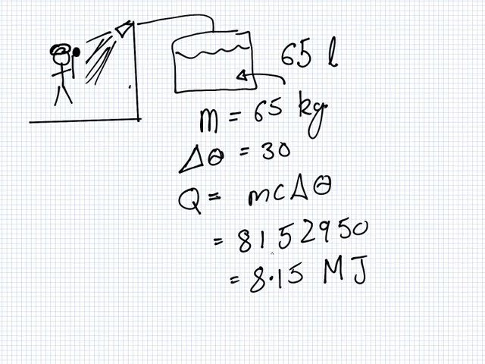Now I can actually tell you how expensive that is. In Ireland, and in most countries, the electrical company calls one unit of energy 3.6 megajoules.